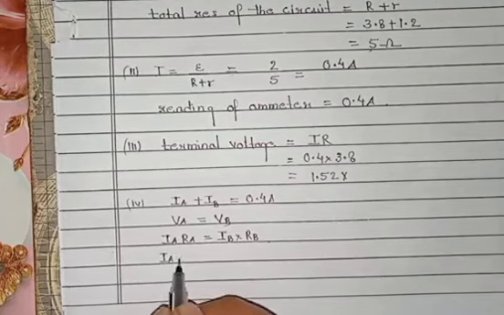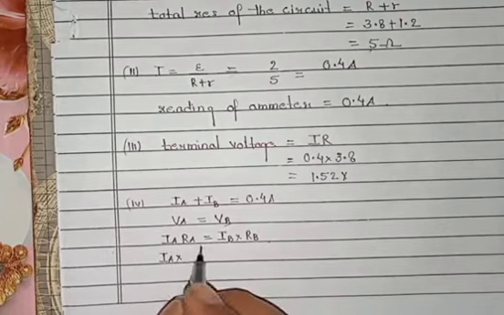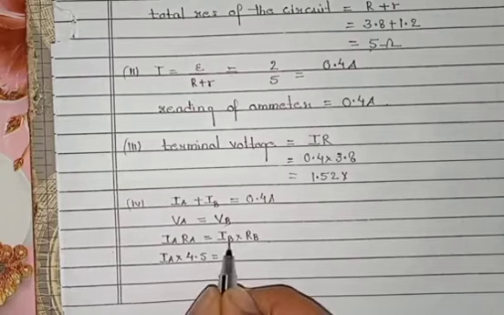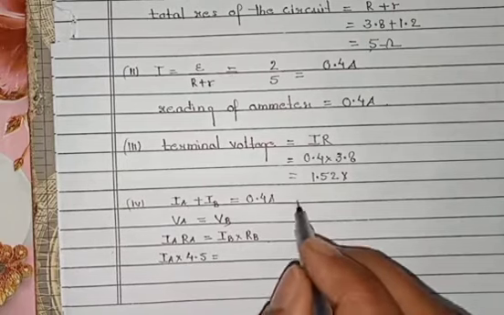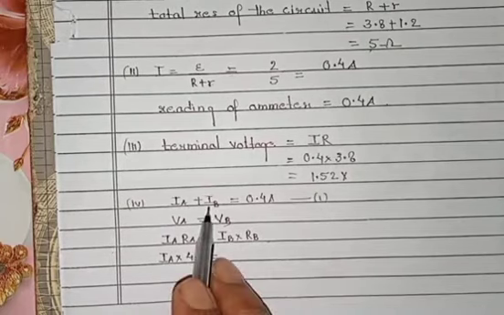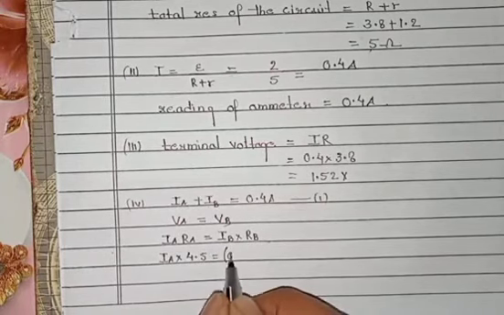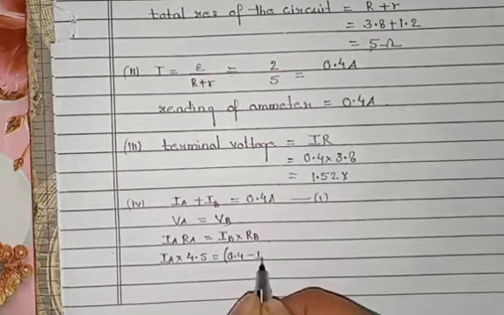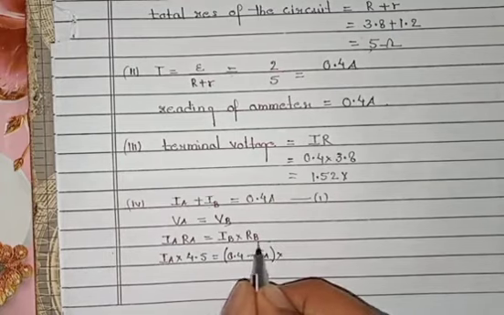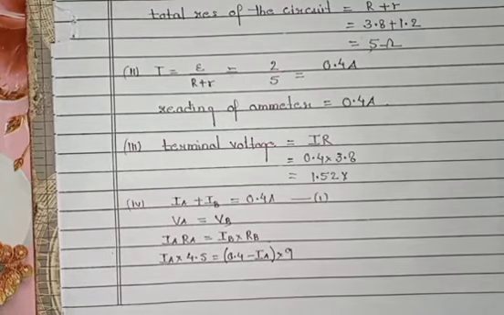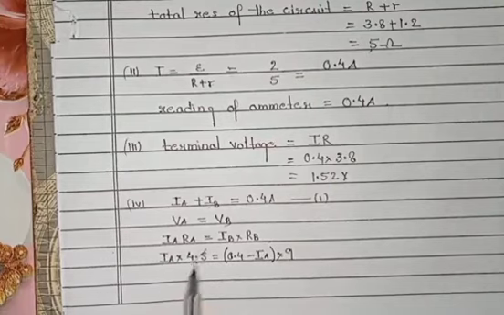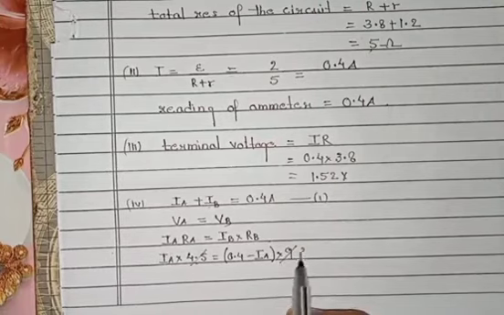IA into RA, that is the resistance of A, it is 4.5. Now IB, from the first equation, you can get IB. IB will be 0.4 minus IA, into RB, resistance of B is 9. Now this 4.5 will reduce 9 two times.